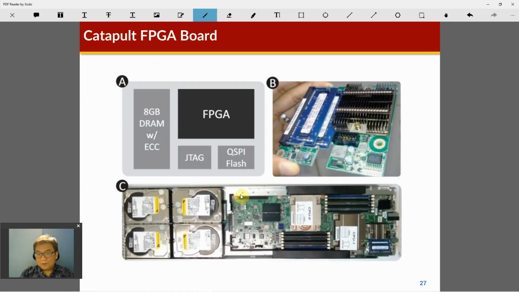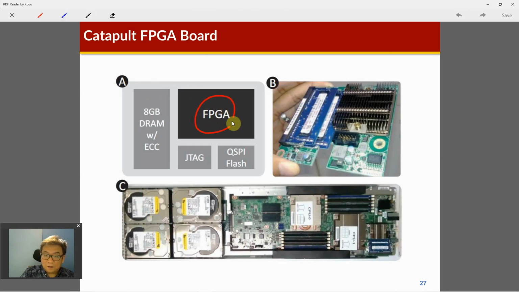So this is the architecture of the Catapult, some photos of the Catapult board, and how the Catapult board is equipped in the server system. The structure of the Catapult is very simple. The FPGA chip is here, and 8 GB of ECC DRAM is connected to the FPGA, and JTAG and flash memory are also attached to the FPGA board.